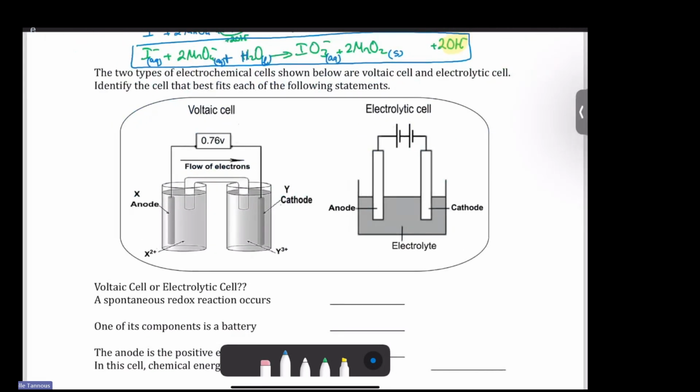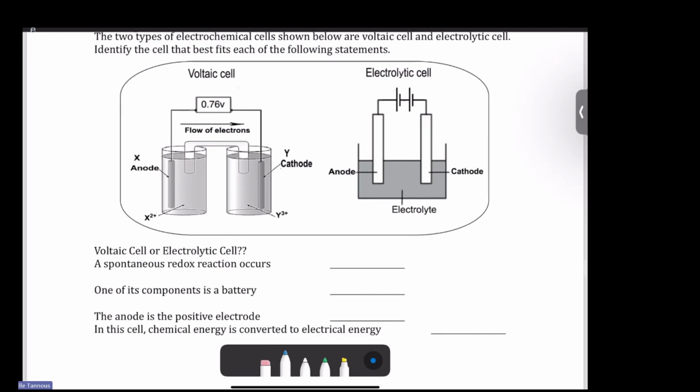So the two types of electrochemical cell shown below are voltaic and electrolytic cells. Identify the cell that best fits each of the following. So, these two are electrochemical cells.